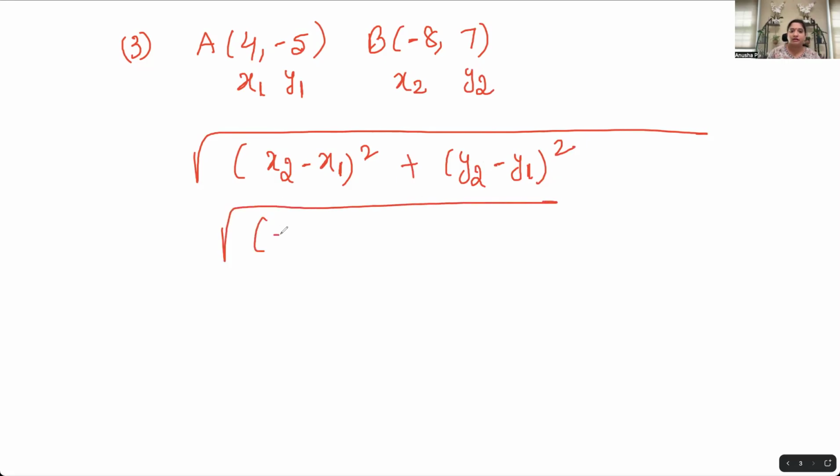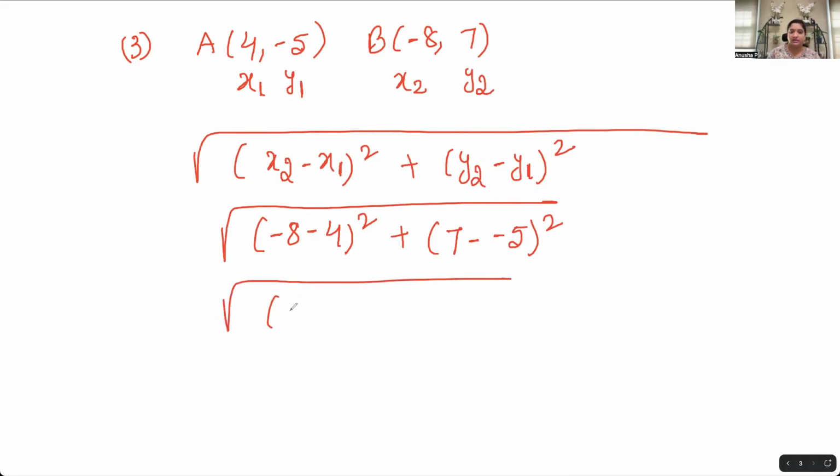What is x2 now? Negative 8 minus 4 whole square and y2 is 7 minus of minus 5 whole square. Minus 8 minus 4 is minus 12 square. And here it is 7 plus 5, which is 12 square.